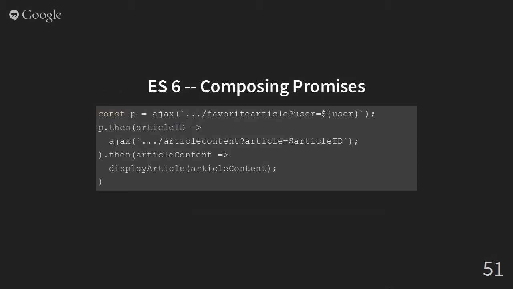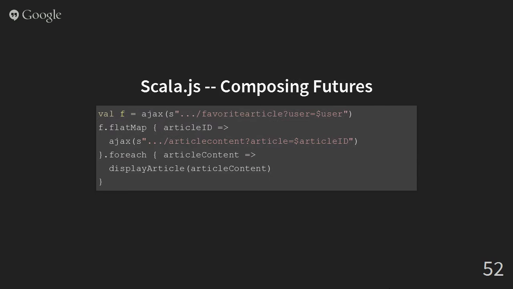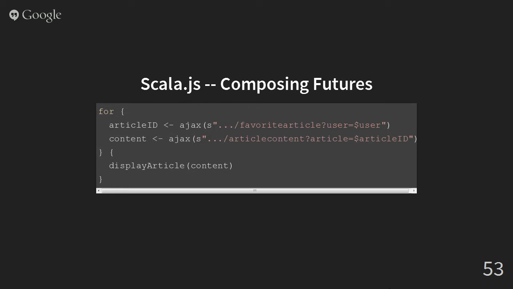So again, back to composing the promises in ECMAScript 6. In Scala.js, you can use the same. Here you see that I transformed two calls of then into two different calls in Scala.js. I use flatMap and foreach. I won't go into too much detail into why, because anyway, I can use a complete generalized for comprehension of it.